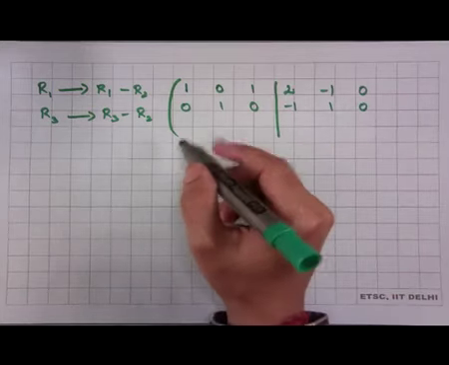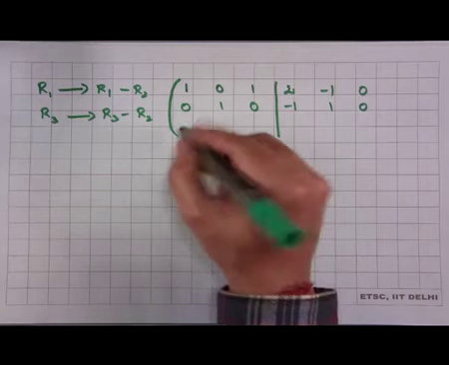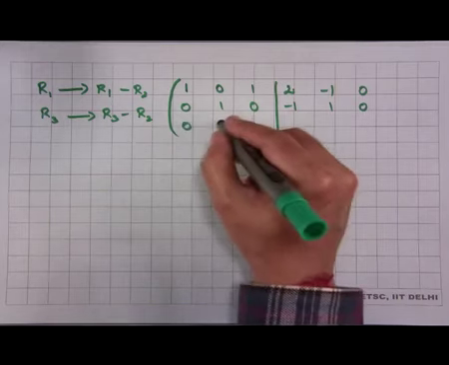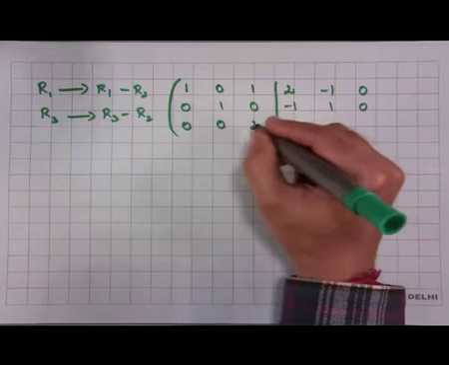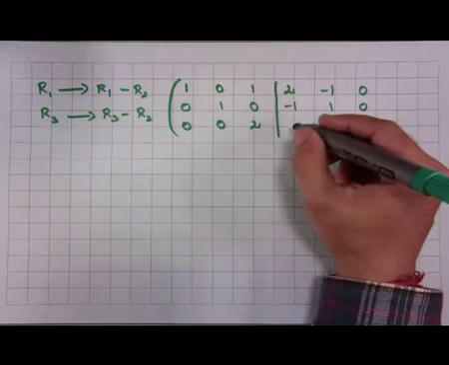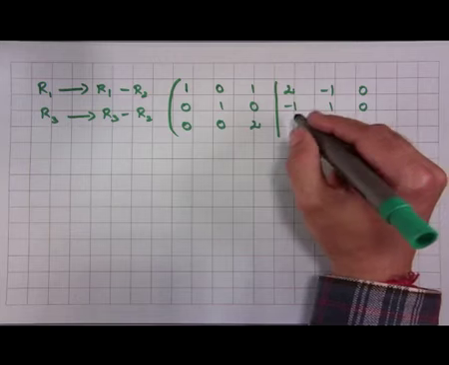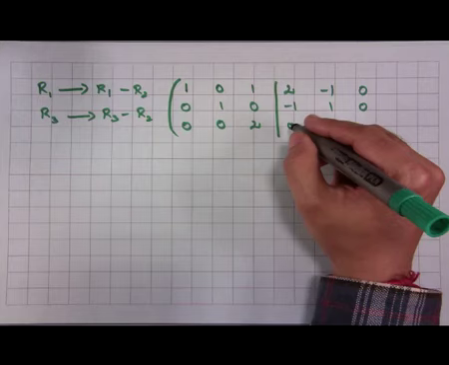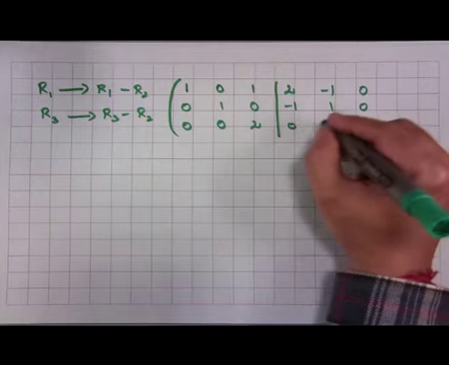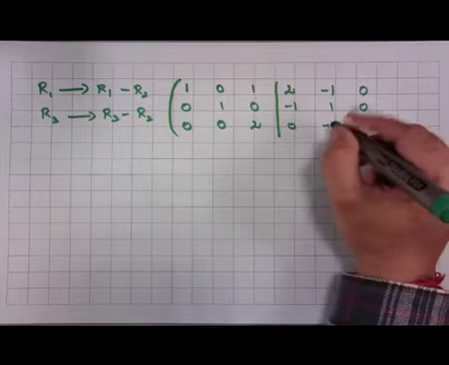Third one R3 minus R2: 0 minus 0 which is 0, 1 minus 1 which is 0, 2 minus 0 which is 2; minus 1 minus minus 1 which is 0, 0 minus 1 which is minus 1, 1 minus 0 which is 1.